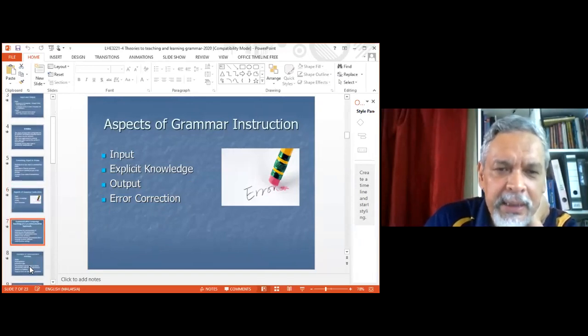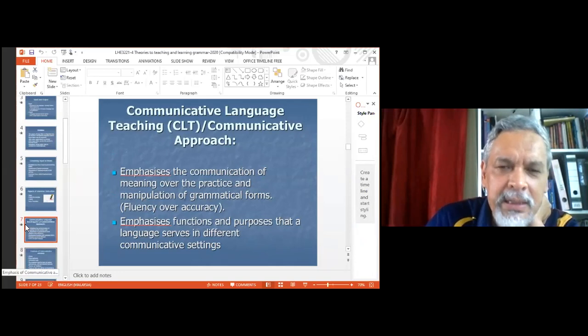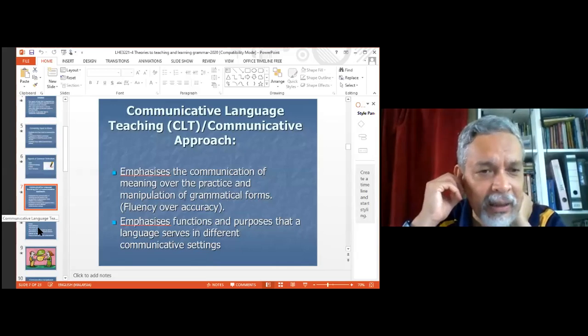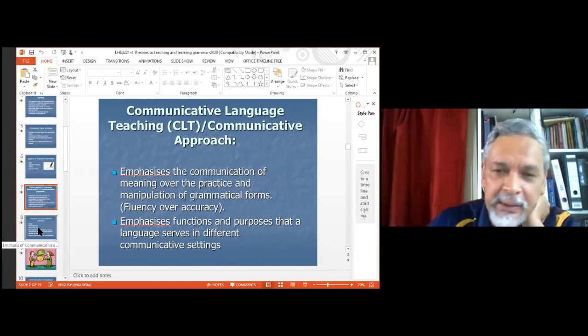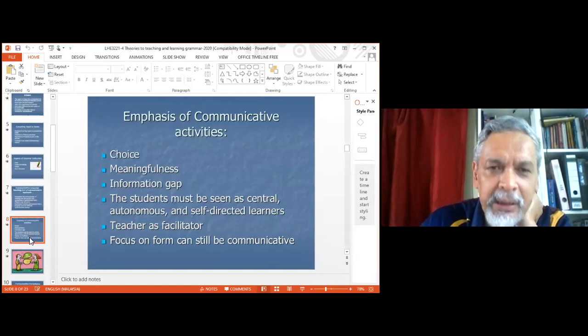So we talked about this, and we talked about how presently we are in this approach, the CLT or communicative language teaching approach, right? And some people may have the wrong impression that when you go for communication, you leave behind grammar, which is not correct, because grammar is still important, despite this choice, meaningfulness, and information gap, reflecting what communicative approach is.